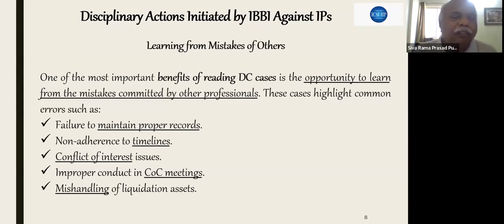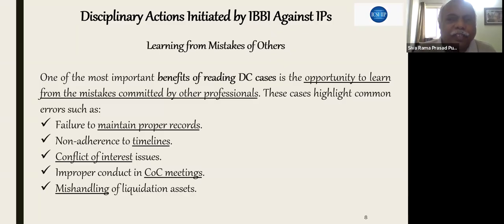Learning from the mistakes of others: whenever I am handling a particular assignment, it will linger in my mind that on account of a bypass or a mistake, the punishment will happen, or they will cancel the certificate, or impose some amount.